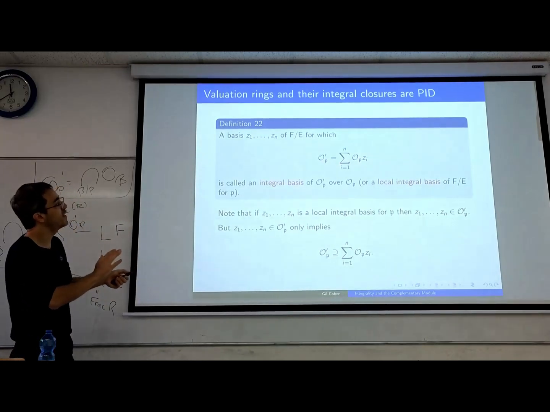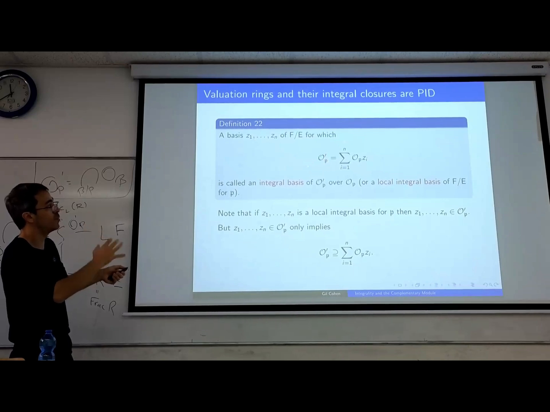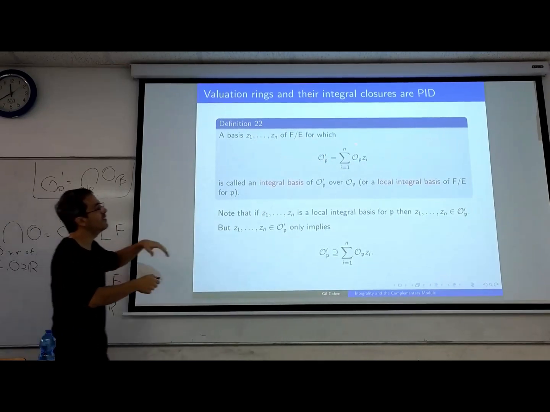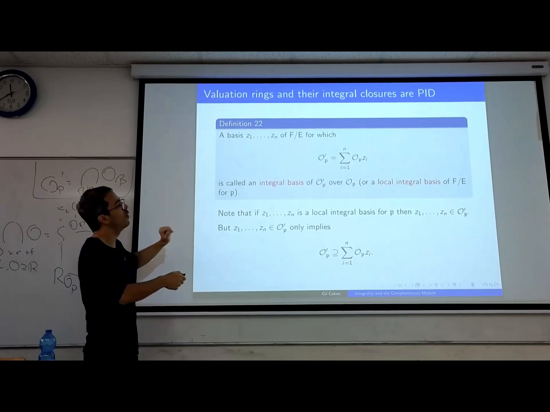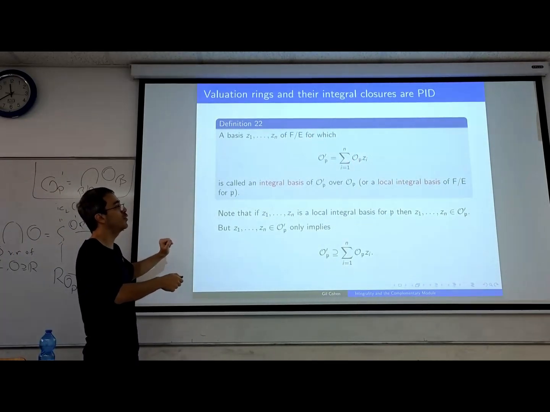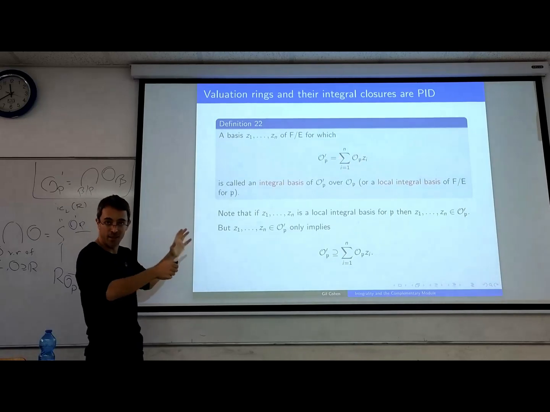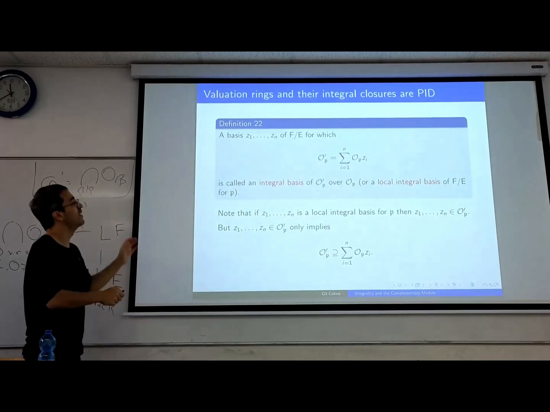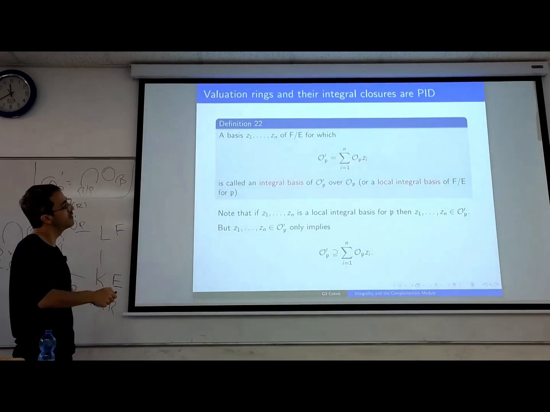So what I'm saying here is, on the one hand, you don't have F. You have O_P prime. You have a subring of F. It's this thing. On the other hand, z_i is an element in F, but you are not allowed to use all scalars in E, just those that are in O_P. And what I'm claiming is that if this happens, there is this equality.